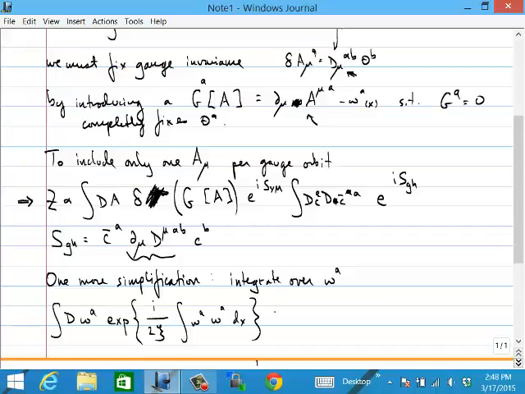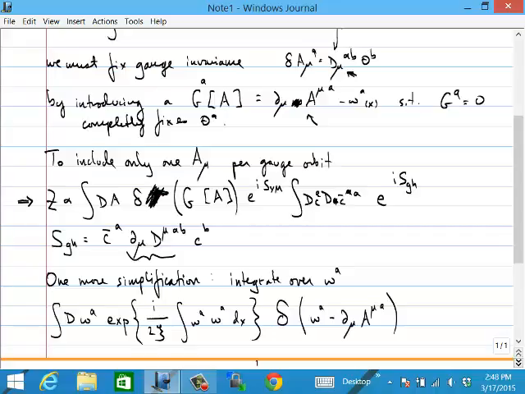And remember, this gets multiplied by the gauge fixing delta function, which if we write it out explicitly is omega a minus d mu a. So what I want to do is take the expression that I have for the partition function and integrate over omega with this measure factor.